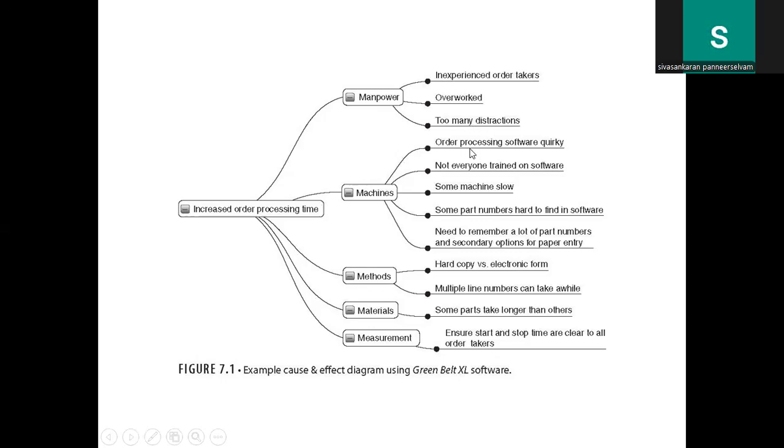So likewise, every factor has got its own unique side effects, and we need to list them out as per rank priority wise. And our objective is to understand how to solve the side effects in a meaningful manner, such that we reduce the material order processing time by properly equipping the material ordering software inside the computer system, and also we need to train the people how to access the software manual.